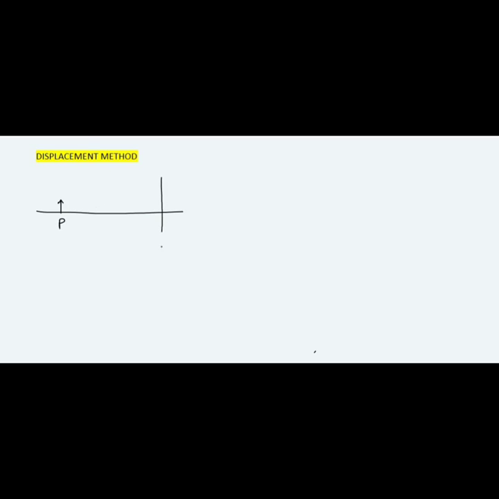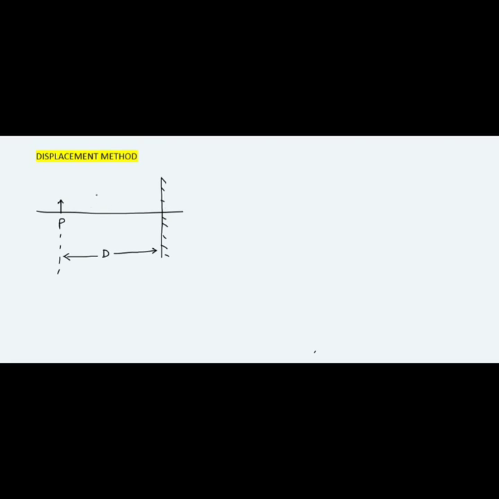And here is a screen which is placed at a distance, suppose capital D, from the object. Now we place the experimental converging lens, whose focal length has to be found out, in between the object and the screen.